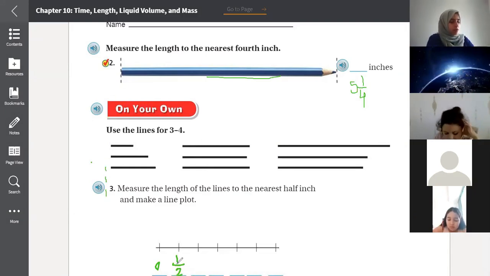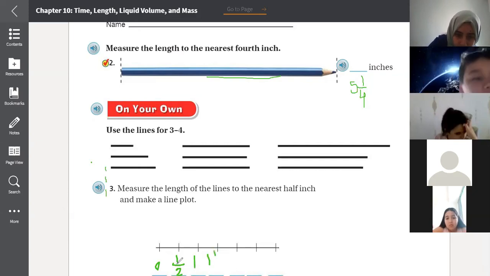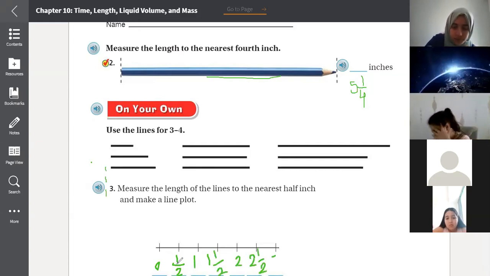Wait, what's the longest one? Let me check what the longest one is before you write it. Okay, it's 3. So 1, 1.5, 2, 2.5, and 3, right? The first one was half, so I will put X because the first one is half, okay?